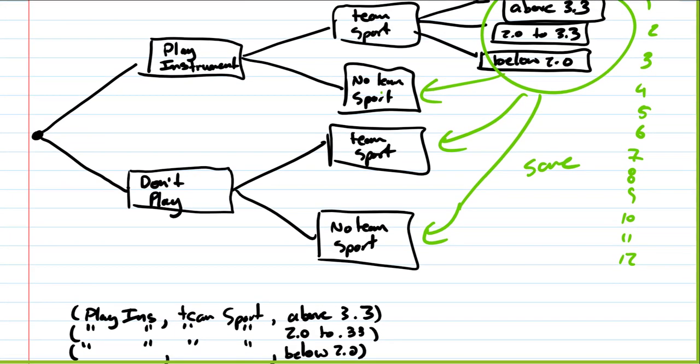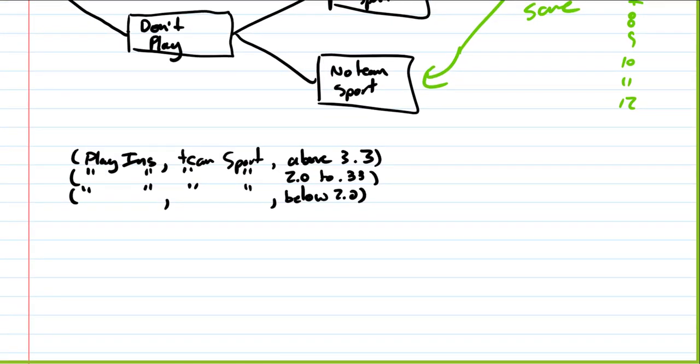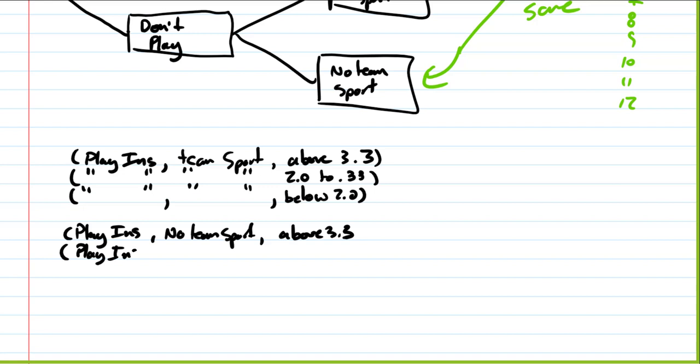Then, what would our next branch be? Plays an instrument, but no team sport, right? So our next group would be play an instrument again, no team sport, and then we would have above 3.3, plays an instrument, no team sport, so these first two are going to be the same again.